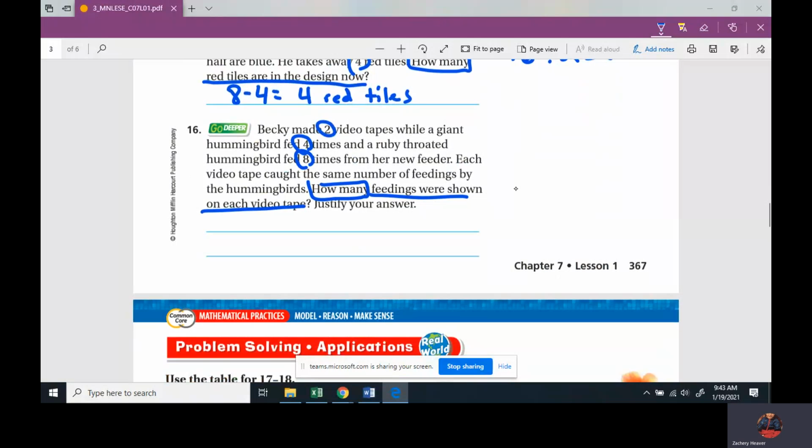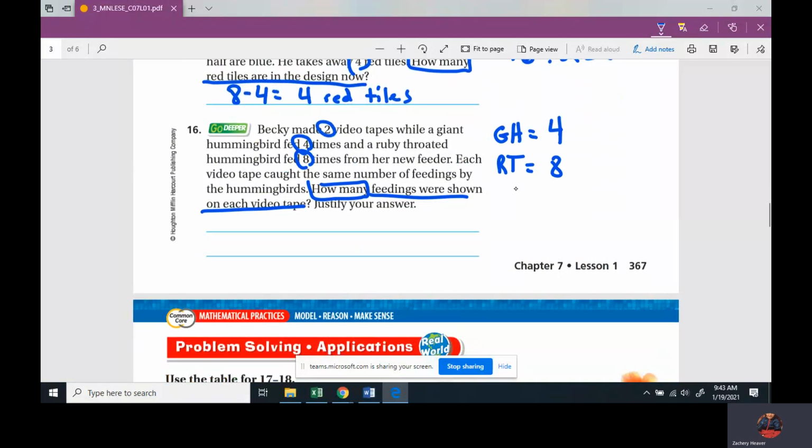Let's do GH for giant hummingbird, and let's do RT for the ruby-throated. So our GH fed 4 times, and the ruby-throated fed 8 times.